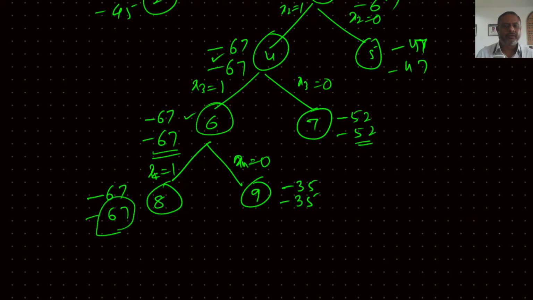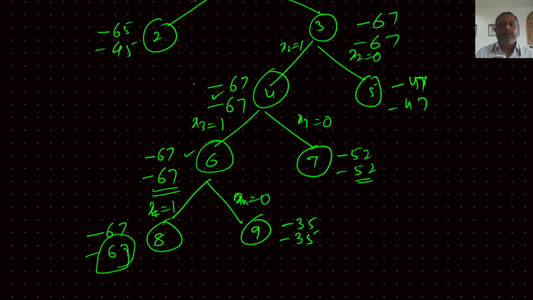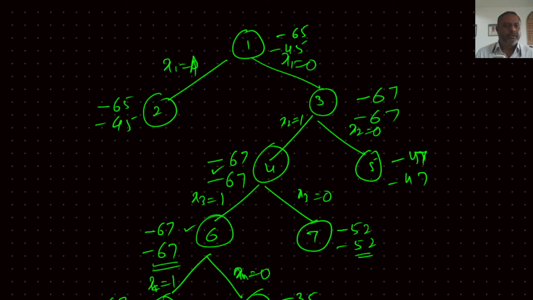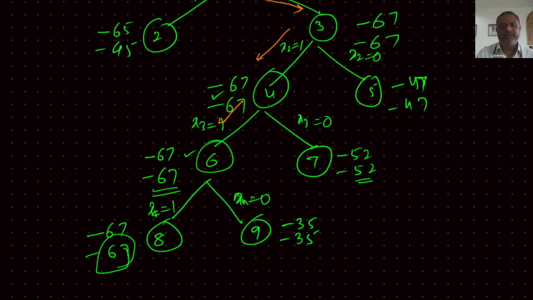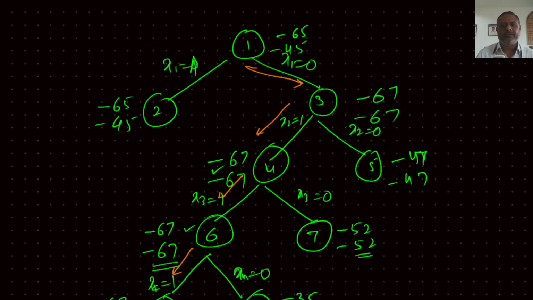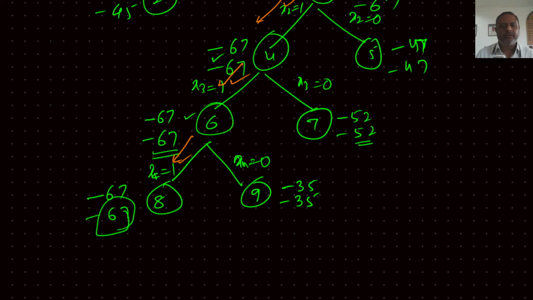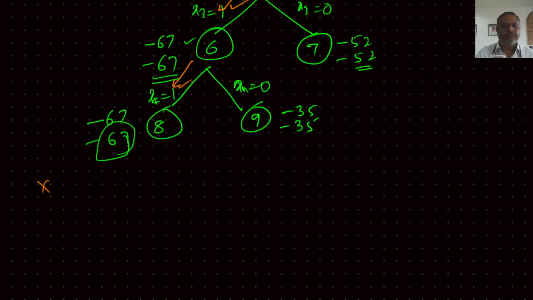So that's a winner. So the path to the winner is this, and this, which says x1 is 0, x2 is 1, x3 is 1, x4 is 1.